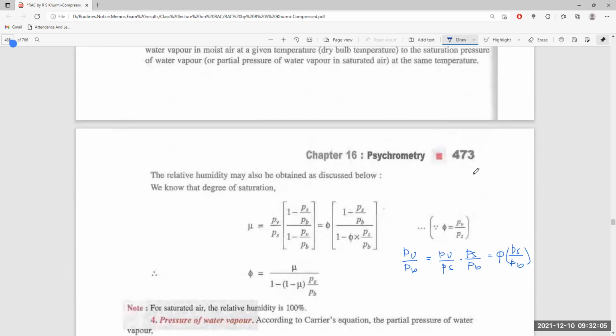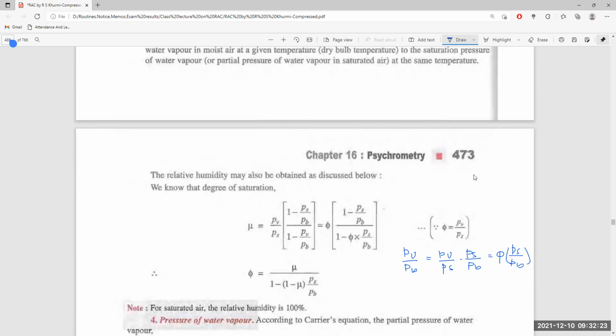So if we simplify, then we take the mu here, and it will take this particular form.